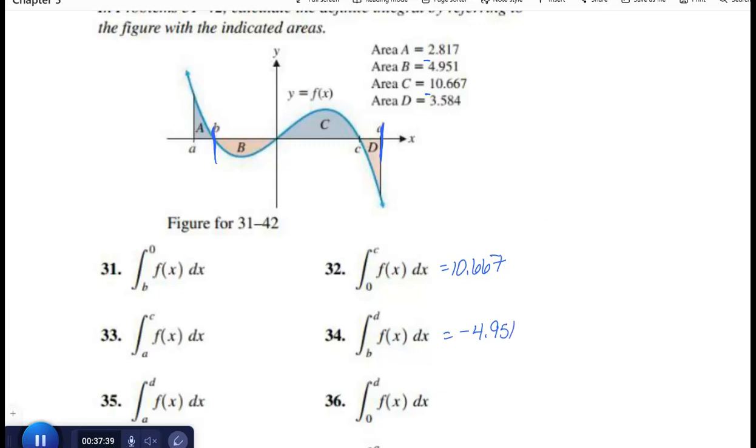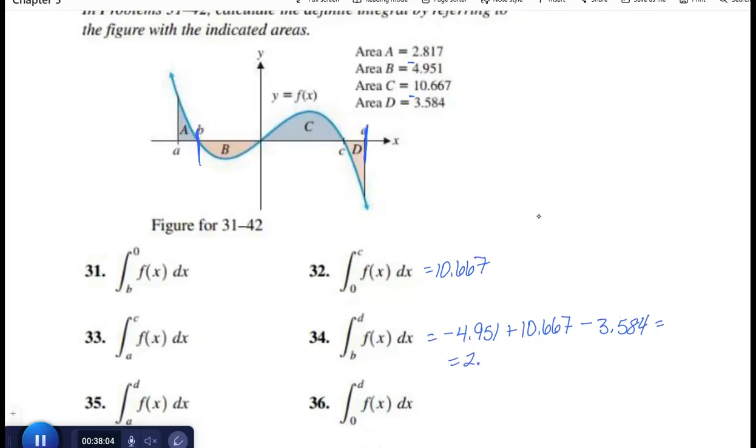That's region B. C is a +10.667. And then D is a -3.584. So that total area is going to come from adding those values up. So I'm going to do that off screen. -4.951 plus 10.667 minus 3.584. I got 2.132.